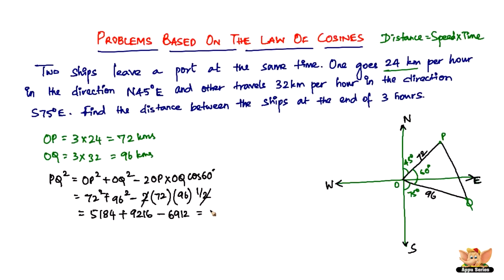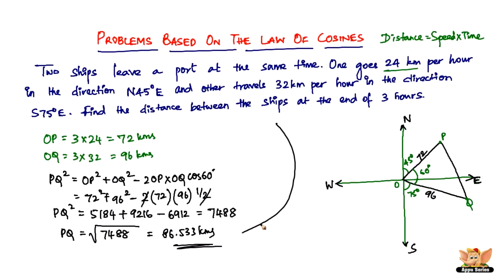Solving which you get 7488. That is nothing but PQ square. So PQ will be the square root of 7488, which is 86.533 kilometers. So the distance between the two ships at the end of the 3 hours is nothing but 86.533 kilometers.